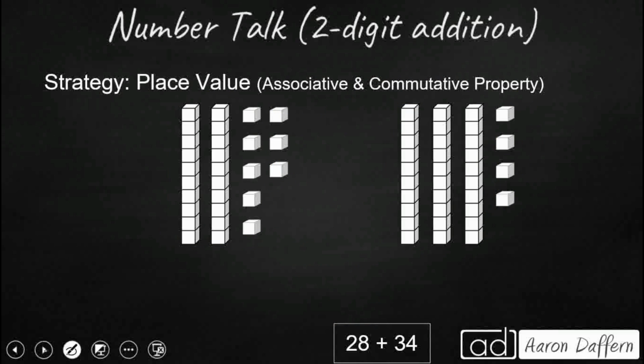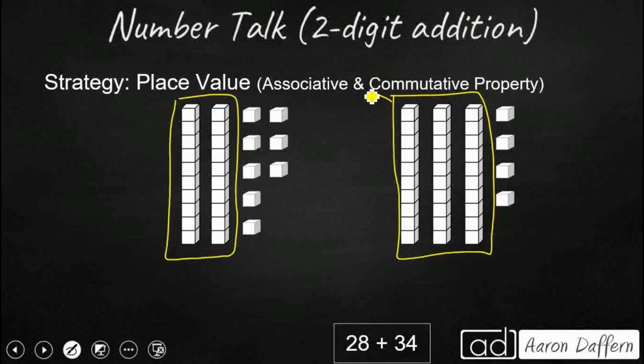You can also just use place value. So let's just break each of these up into place value. Let's start with our tens place. We're going to add that first. So 28 plus 34. We're going to break each of these into place value. 20 plus 8. Think of expanded form. 30 plus 4. So let's reorder them and regroup them.